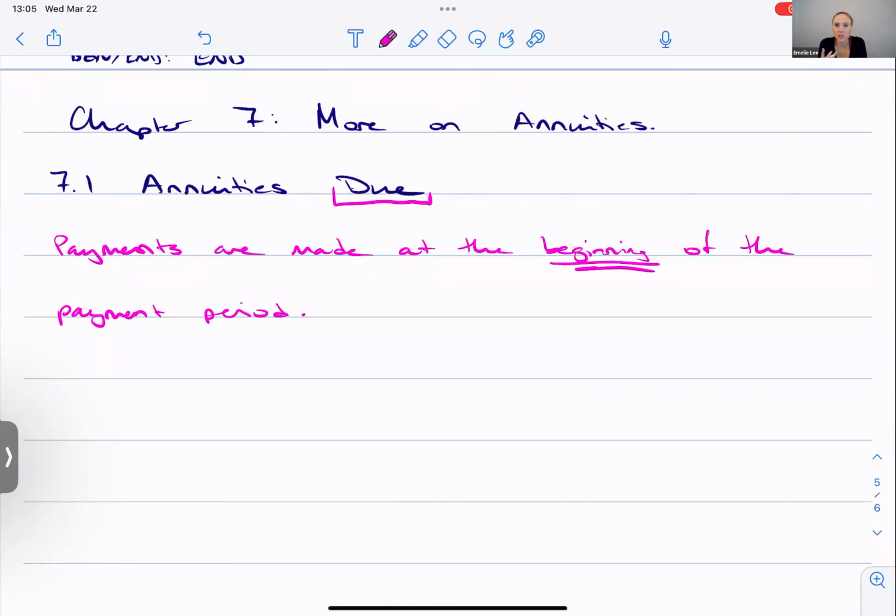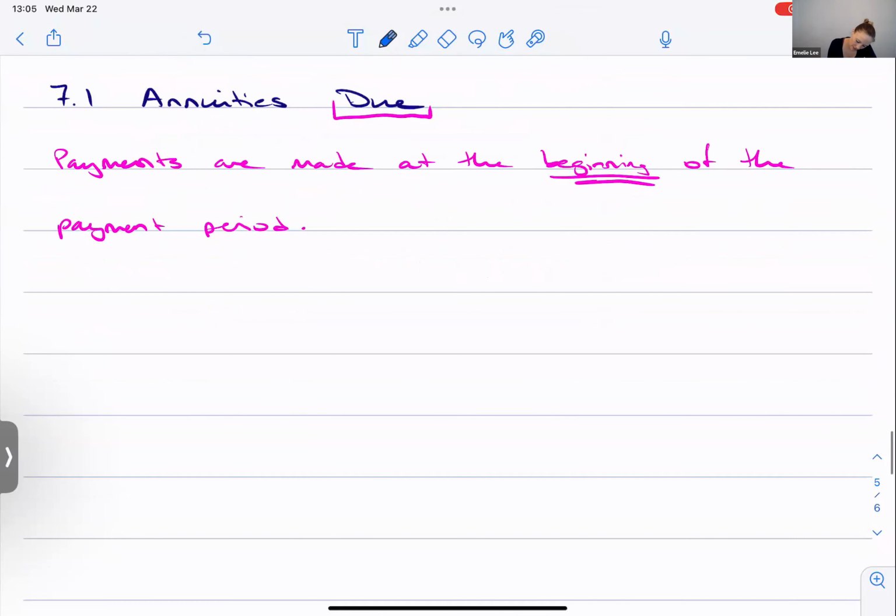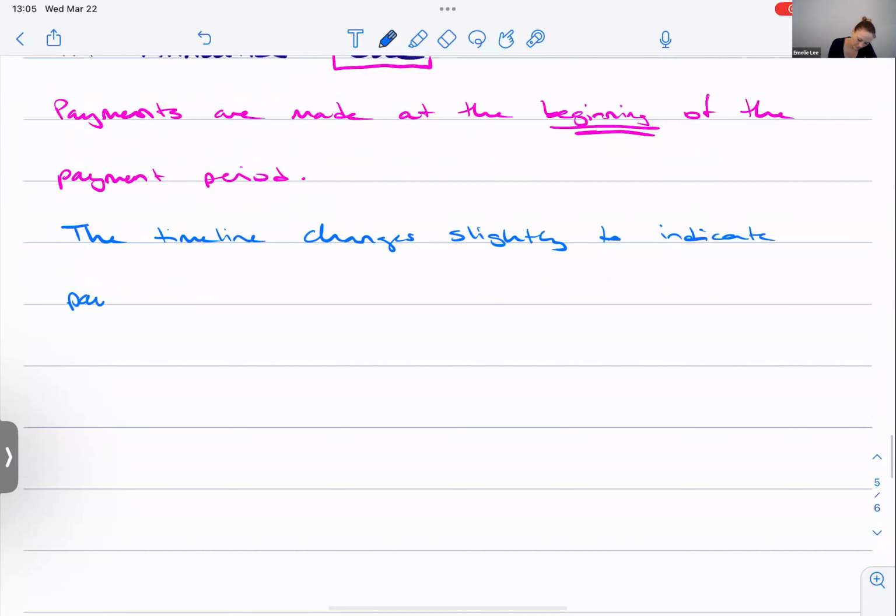Our timeline changes slightly, right? Just to indicate that the payments are made at the beginning of the payment period.